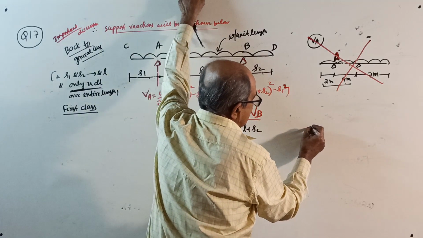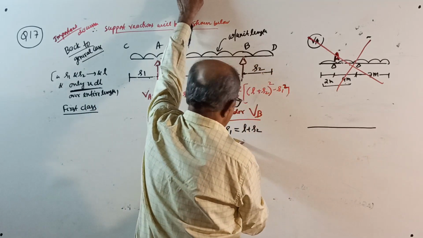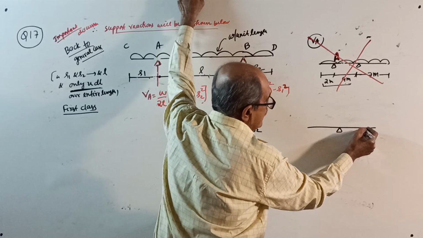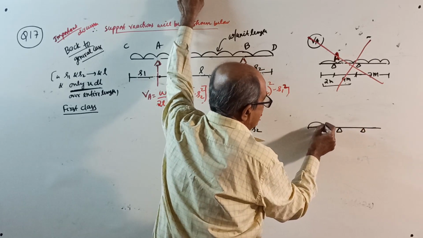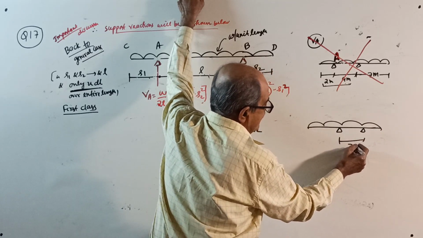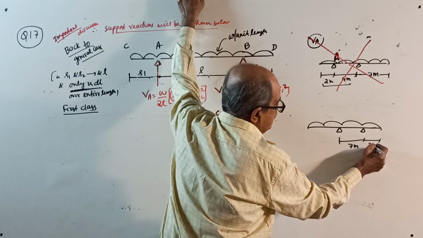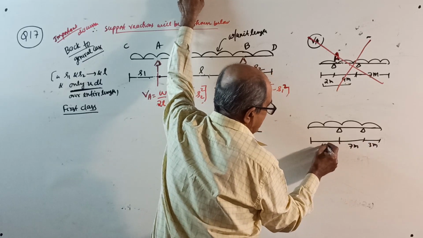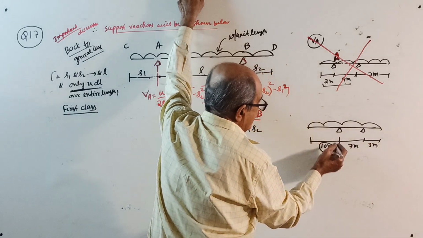Like, see, UDL, say something, 7 meter, 3 meter, 10 meter, heavy overhang here.